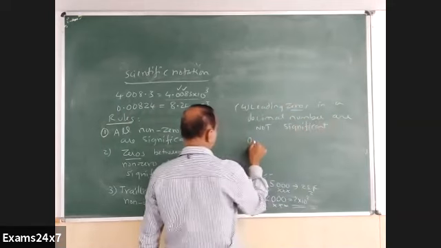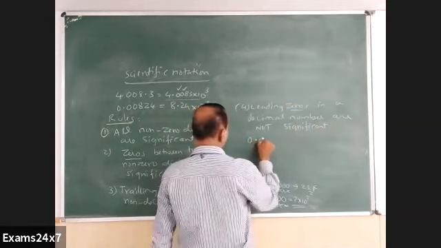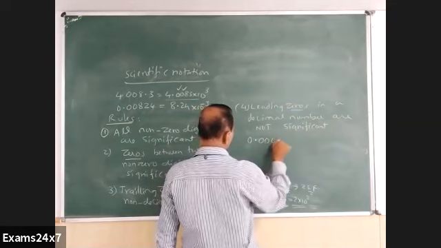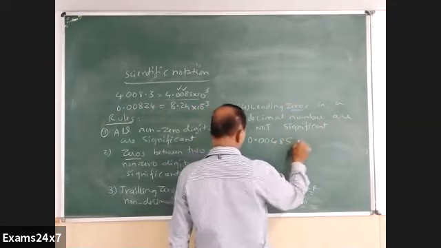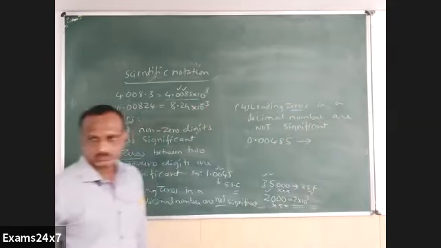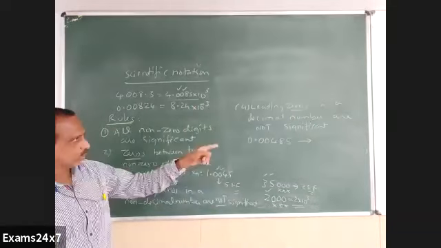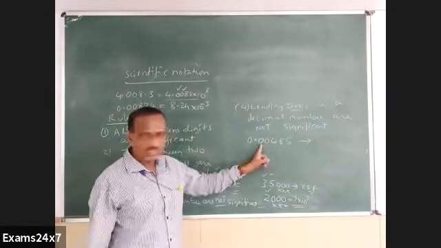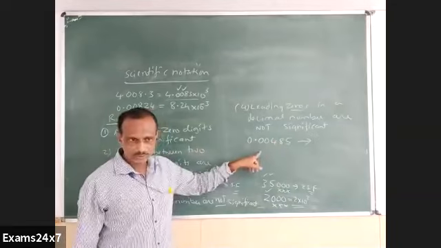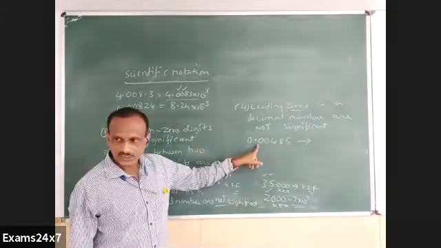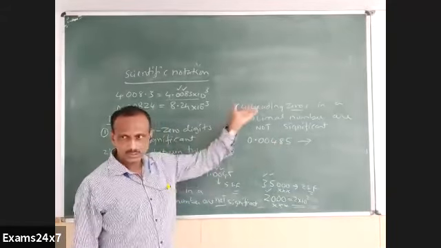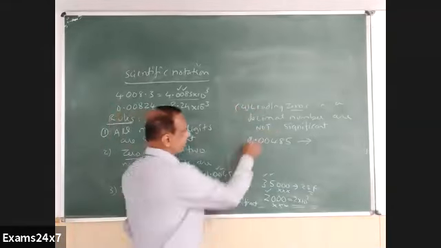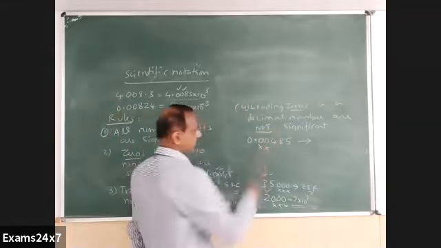What is the meaning of that? 0.00485, if you take. These are leading zeros, meaning coming ahead of the non-zero digits after the decimal point. Are these significant or not? See here what is given. Not significant again.